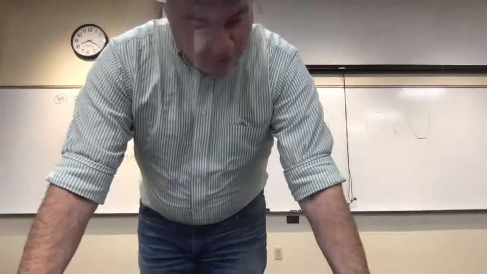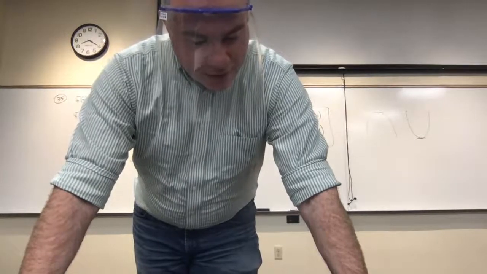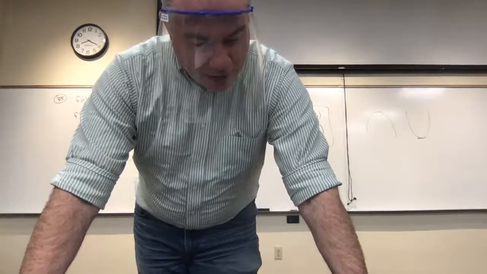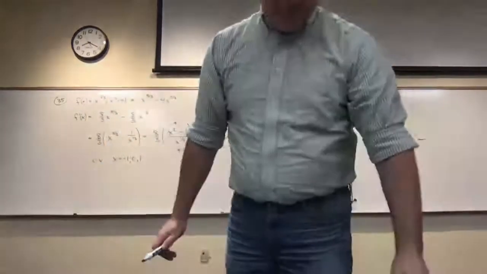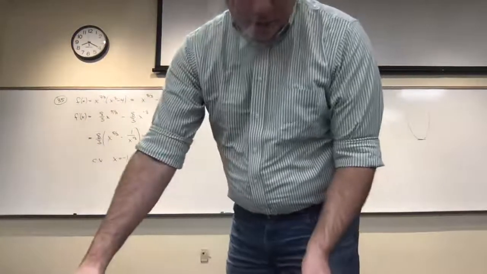Okay, so 47, we want to find all the critical points, then use the first derivative test to locate local max and mins, and then identify the absolute maximum and minimum values of the function on the interval, if they exist. Okay, so this was 47.